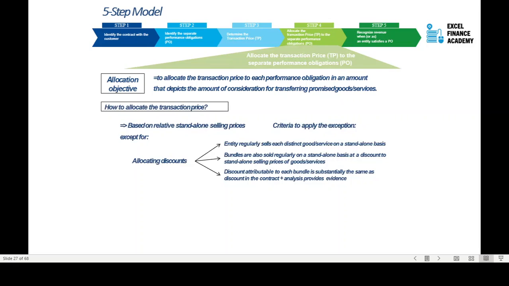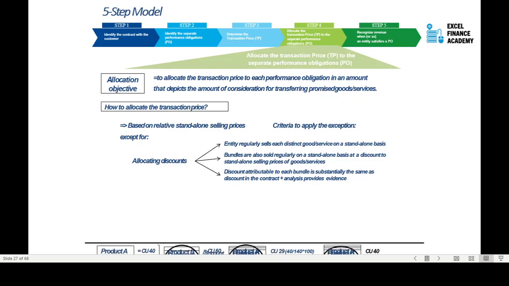So usually you will use the standalone selling price for allocation, except if we have given a bundle discount, then we allocate the discount to each good and service equally, unless a specific breakdown is given. If there is no specific breakdown, the allocation is based on the total standalone price compared to the bundle price and how much discount we have given, and that discount is allocated in proportion to the individual services.